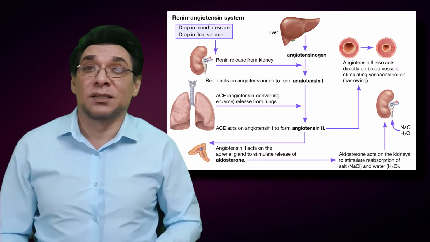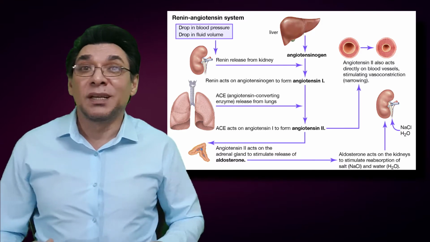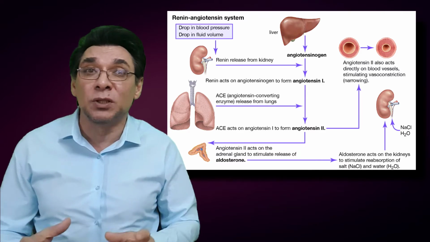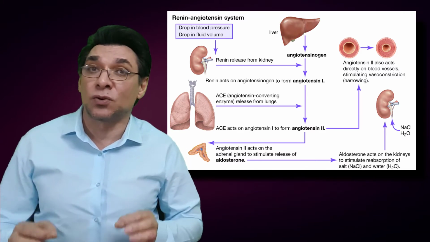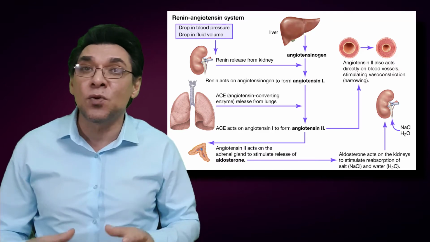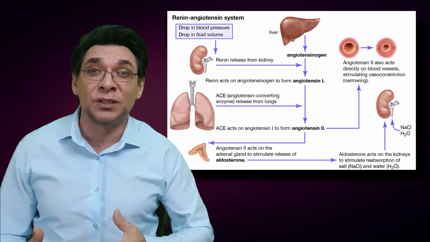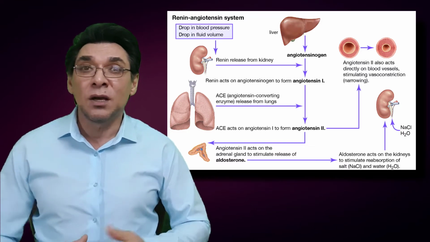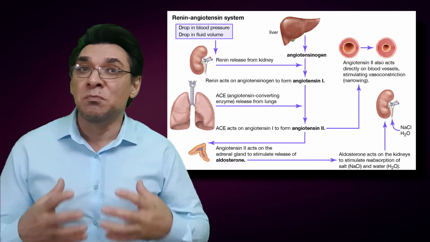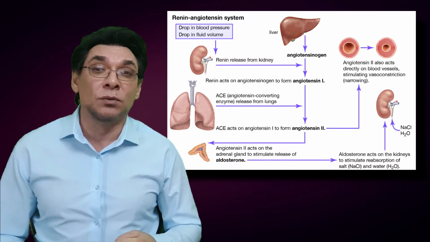Aldosterone increases the rate of active transport of sodium in the distal convoluted tubules and collecting ducts. In the absence of aldosterone, large amounts of sodium remain in the nephron and become part of the urine. A high sodium concentration in the filtrate causes water to remain in the nephron and increases urine volume.